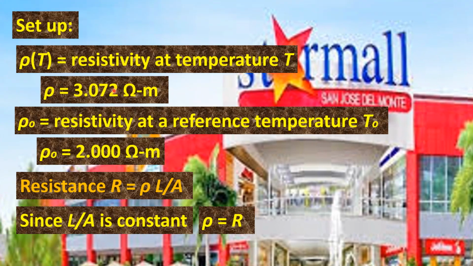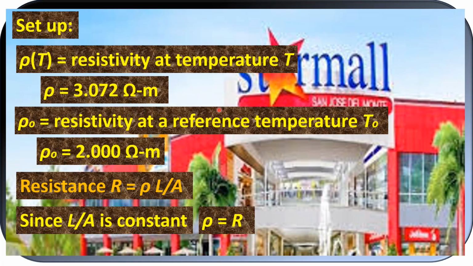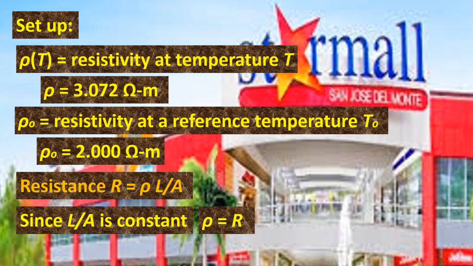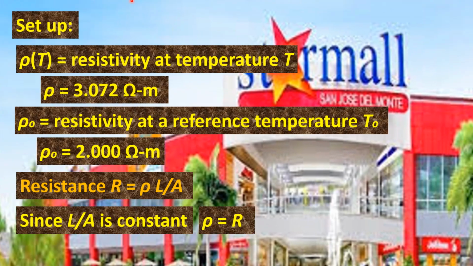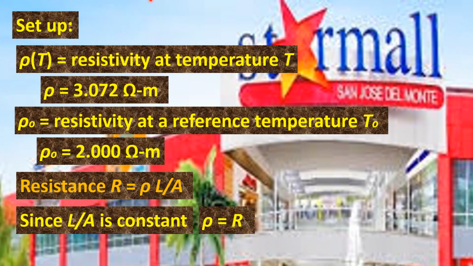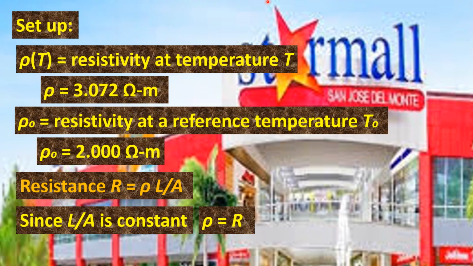Rho naught is also determined using the same relationship of resistivity and resistance, which is also equal to 2.00 ohm meter.